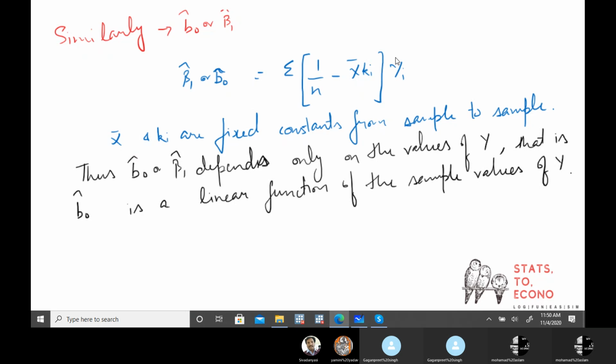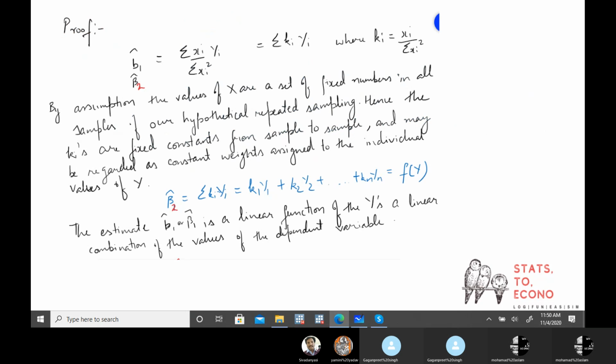So again this value depends upon yi, and it's a linear combination of these two multiplications. We can multiply these two and take a summation, and that will give us the value of beta 1 hat, or beta naught hat. So again it's a linear function of the sample values of y.